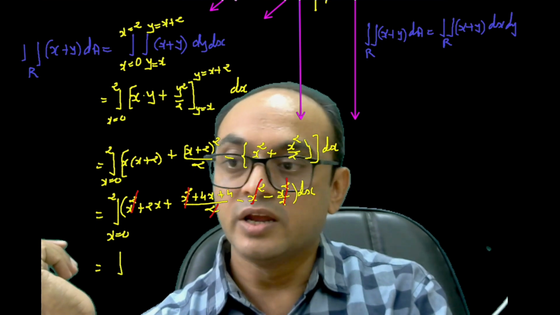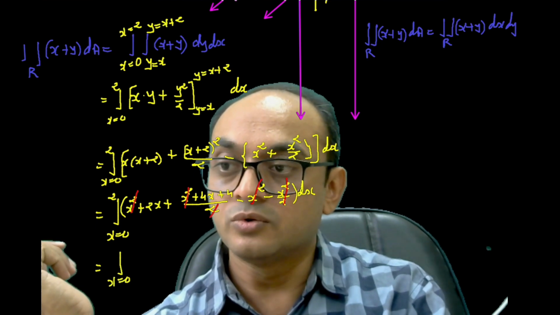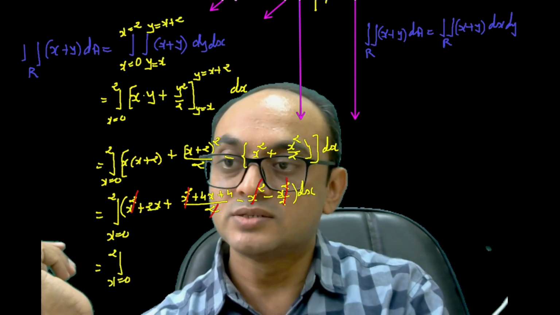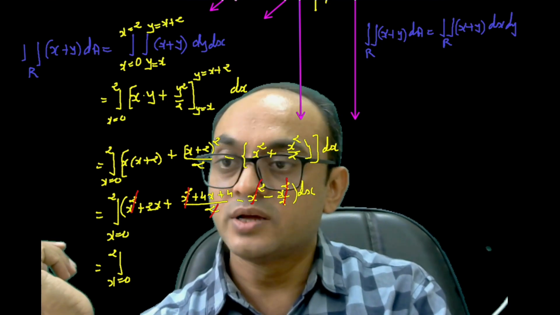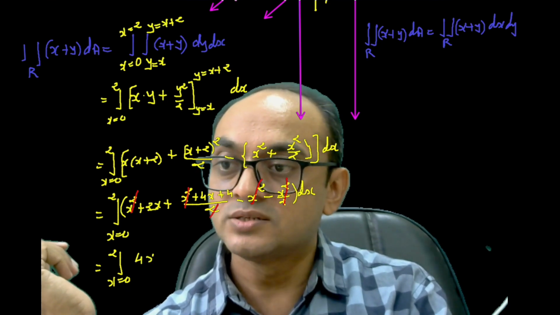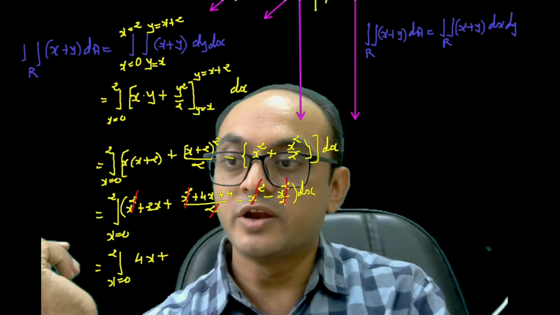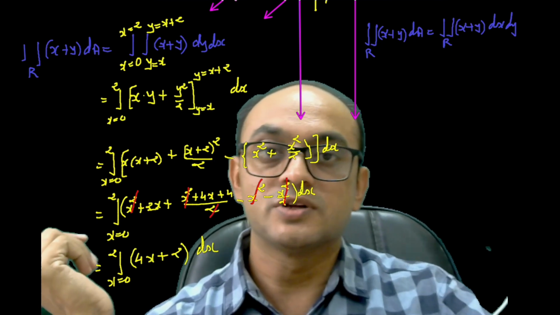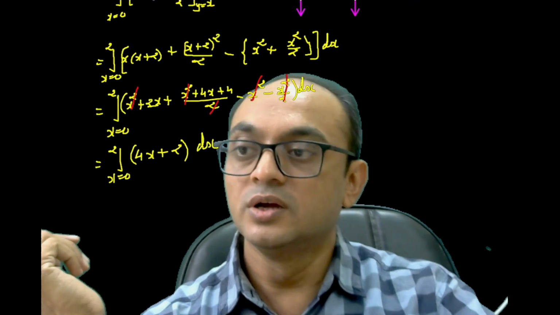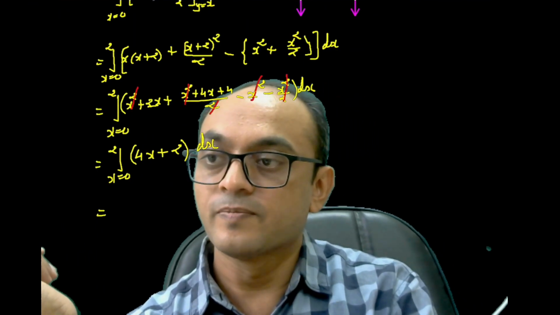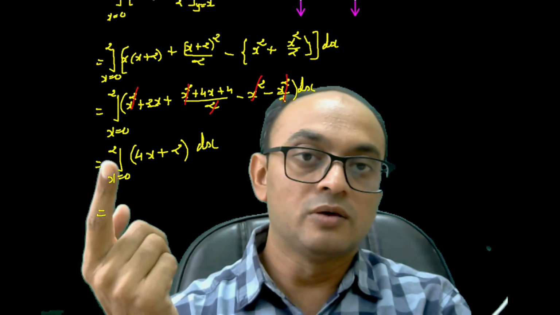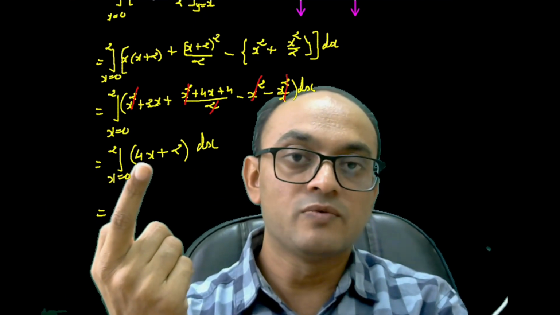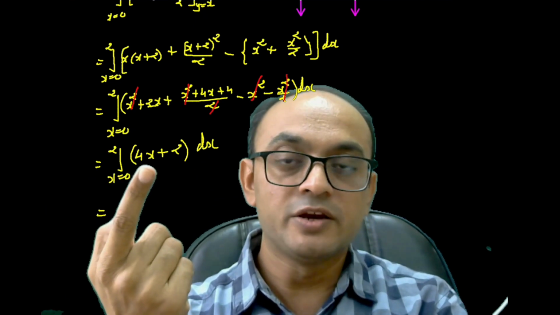So this is integration x equal to 0 to 2. 4x divided by 2 is 2x, so 2x plus 2x is 4x, and 4 divided by 2 is 2, so we have an additional 2: 4x plus 2 dx. Now this is simple integration. What is the integration of x? x square by 2, right?